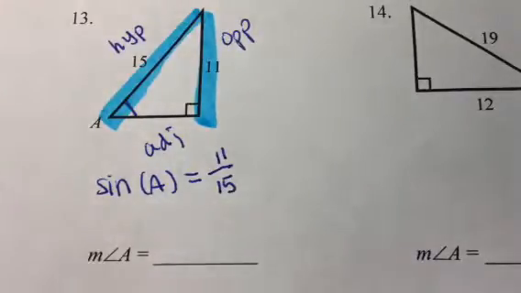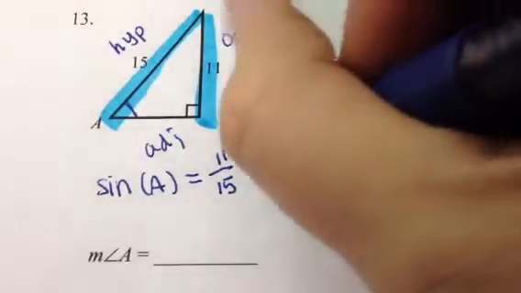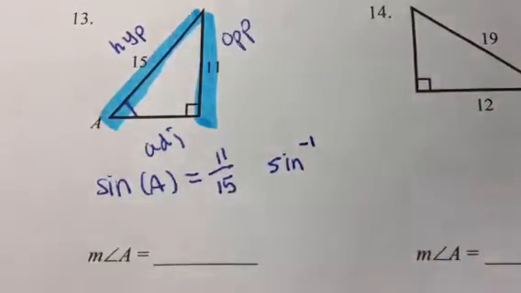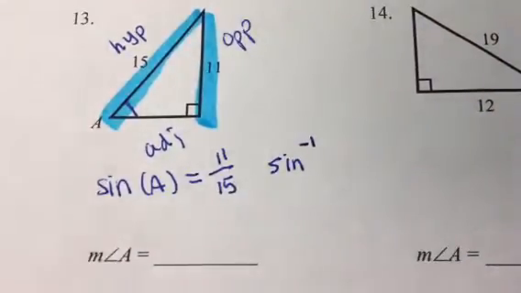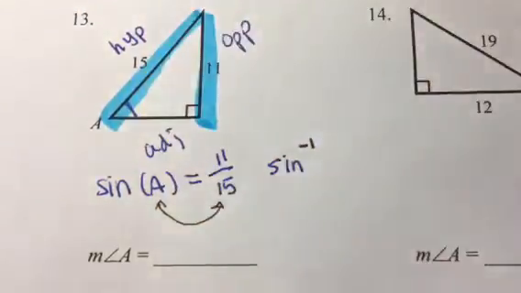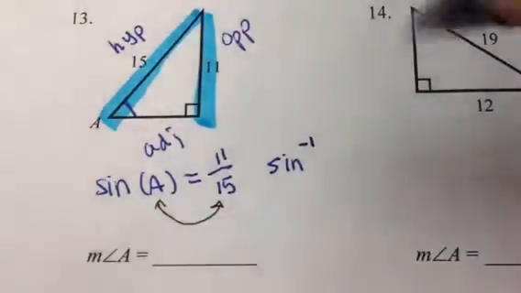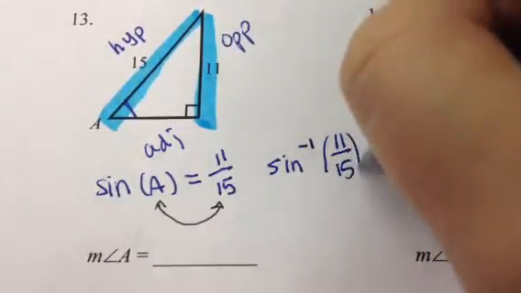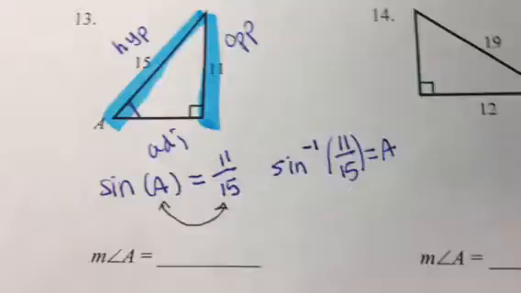The inverse sine is like sine to the -1 power. That's how we represent an inverse in math. And we're going to switch the angle A and this fraction. So I will say the inverse sine of 11/15 equals A.